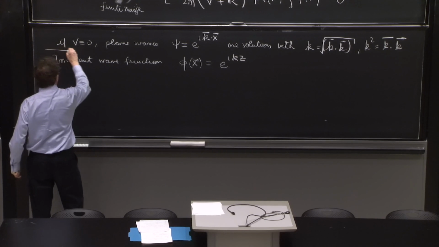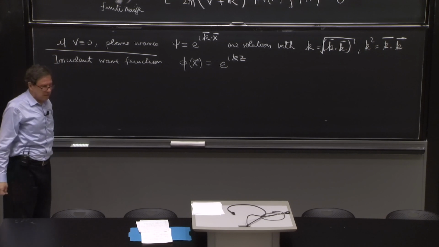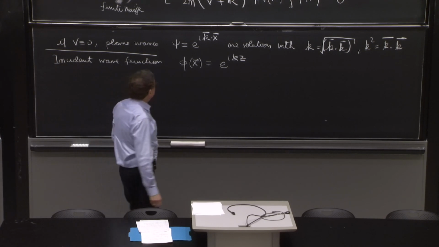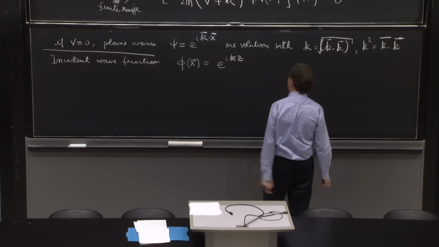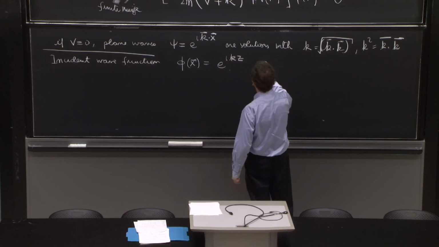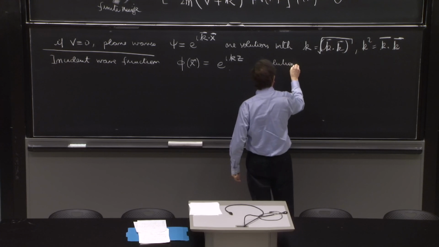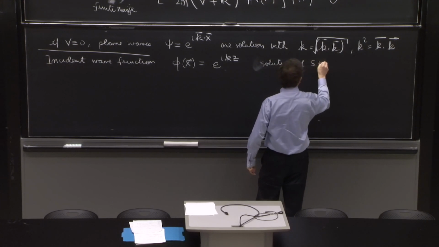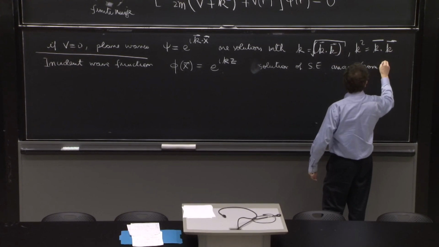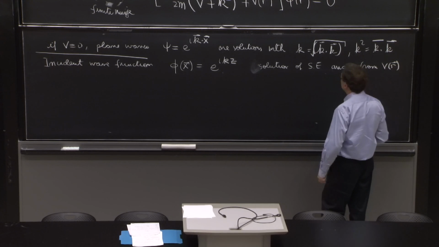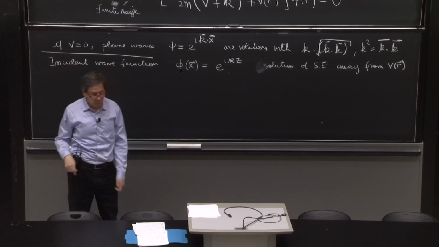So this is common. We forget the case V equals 0. And now we put an incident wave function, which is of this form. This solves the equation as long as you're away from the potential. It's a solution of the Schrödinger equation away from V of r. Away from V of r means wherever V of r is equal to 0, you have a solution.